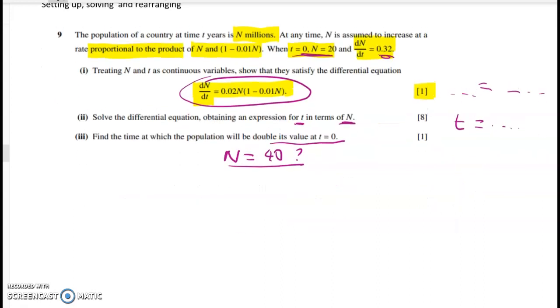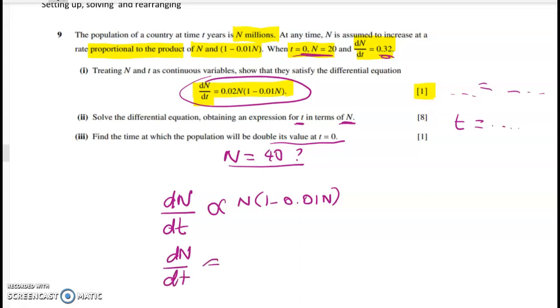Okay, so starting off, we're told that n increases at a rate proportional. So that means that dn by dt is proportional to n times 1 minus that. So we can write that as dn by dt is equal to kn times 1 minus 0.01 n.